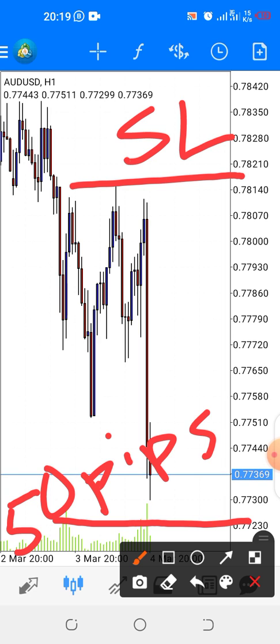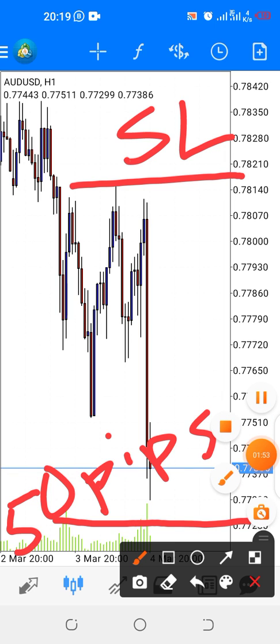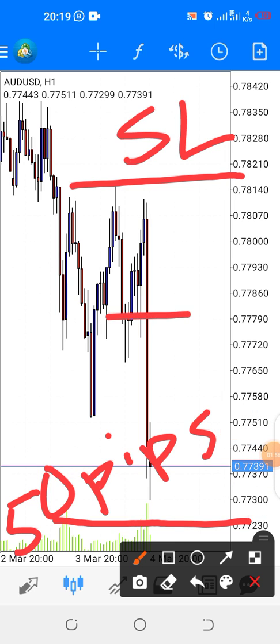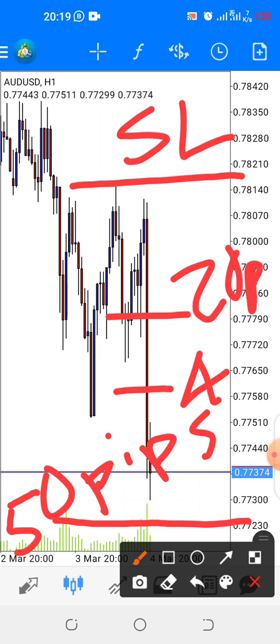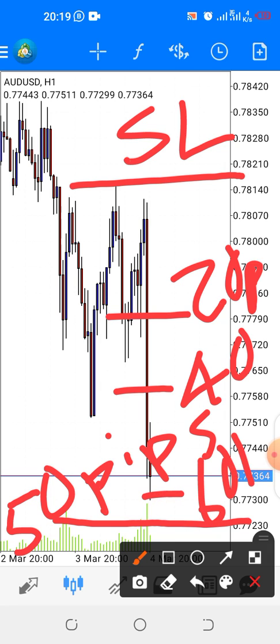So we are going to initially take profits at 20 pips, then the next at 40 pips, then the next 60 pips. So this is how you're going to be locking your profits.